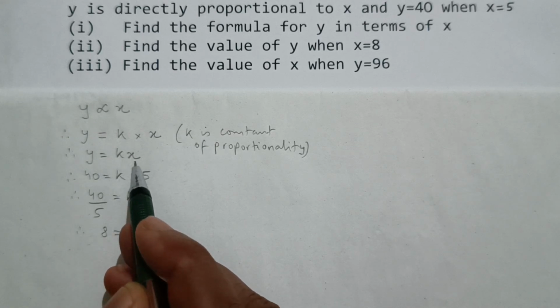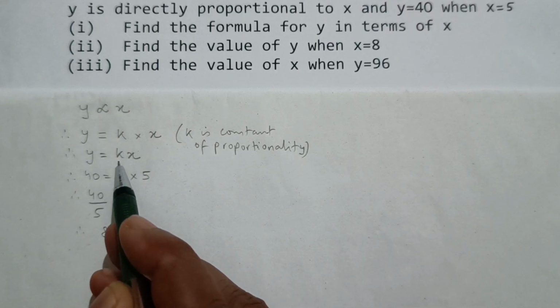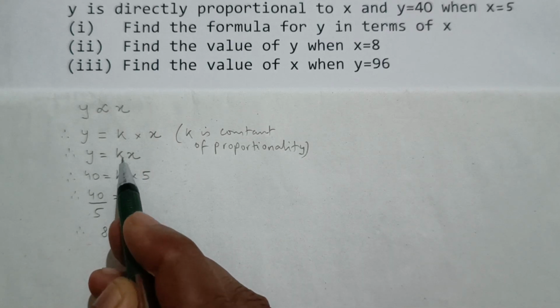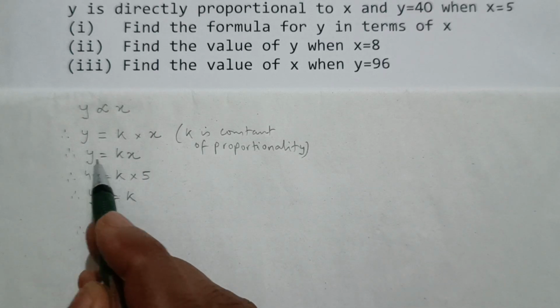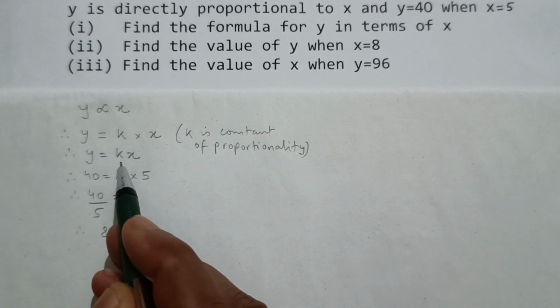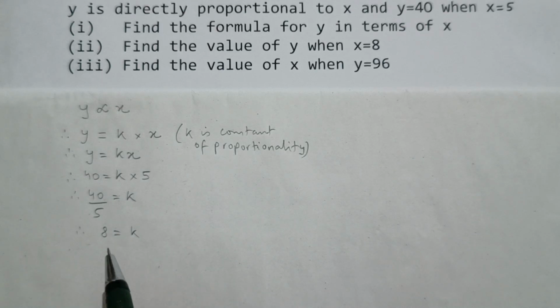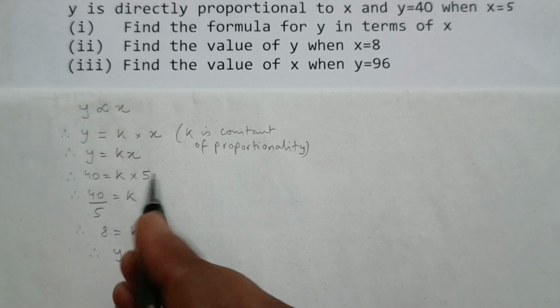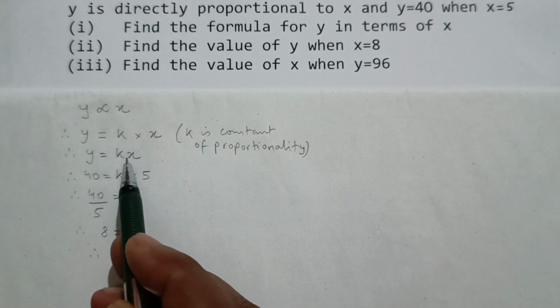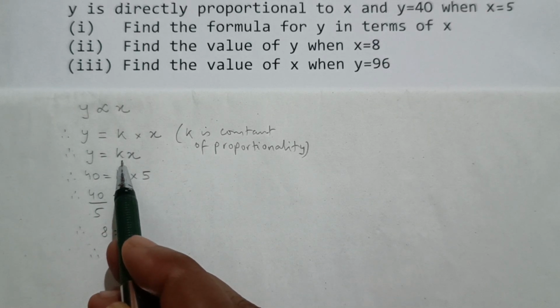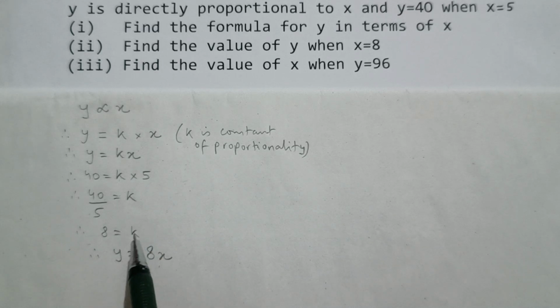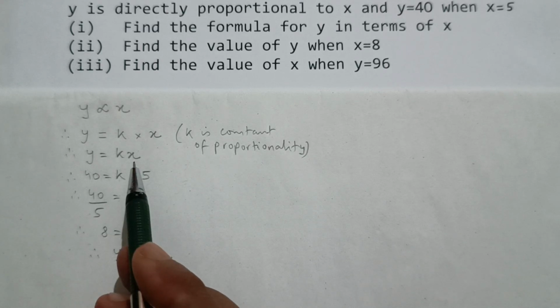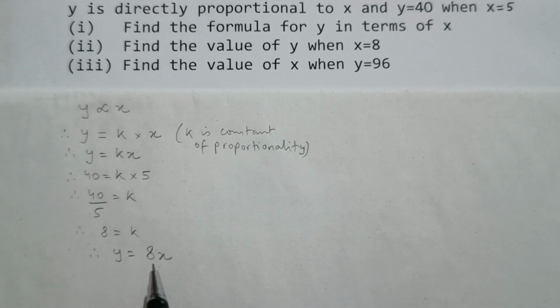So y equals kx becomes y equals 8x because the value of k is 8. So this equation now becomes y equals 8x because k is 8.